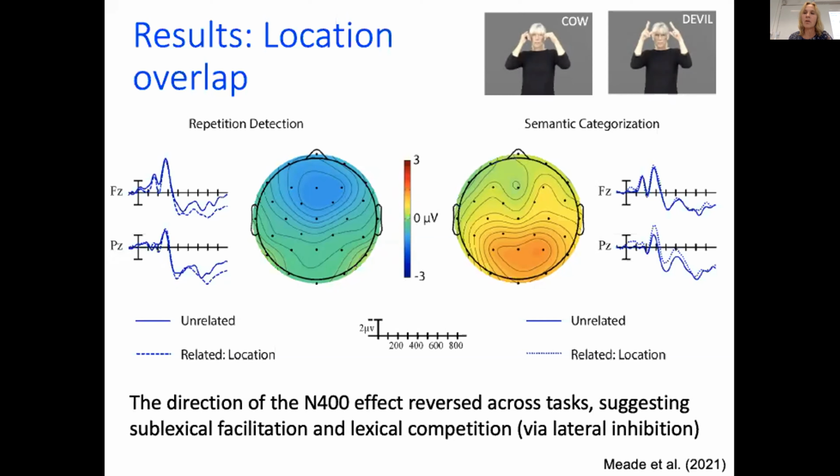Now we see that there's a larger N400 to the related than to the unrelated target signs. Okay, and this nicely replicates Eva Gutierrez's work where she looked at lexical decision and she found this reversed N400 for location overlap. So we interpret this as illustrating two processes, one sublexical facilitation and the other lexical competition via lateral inhibition.